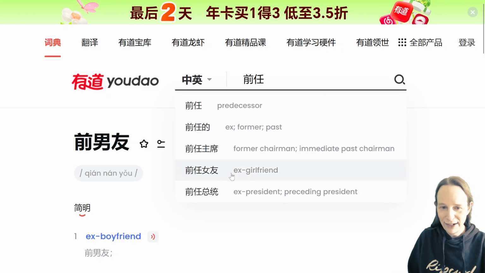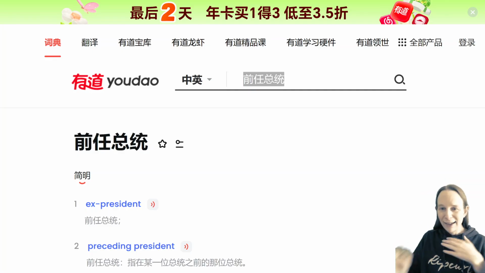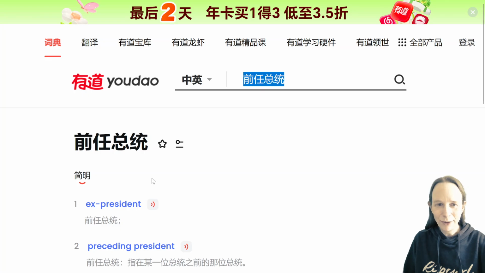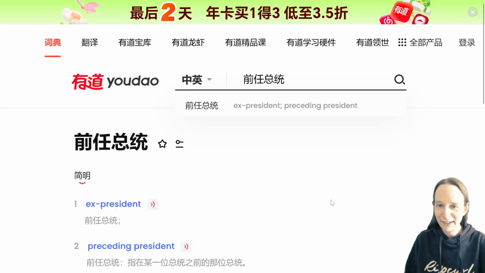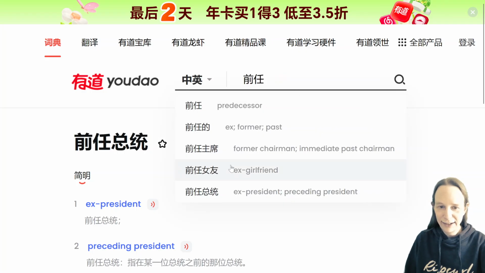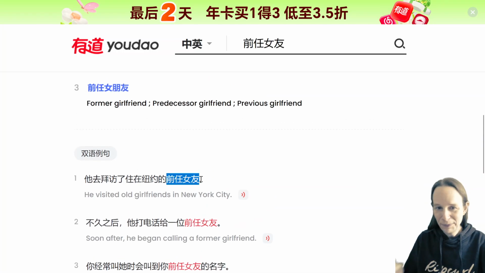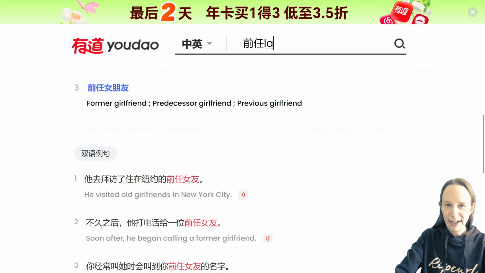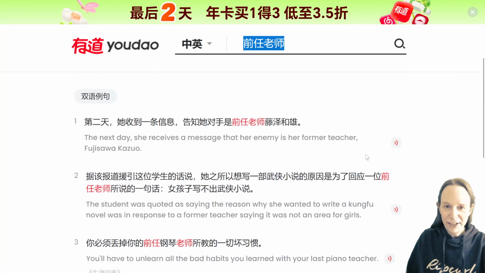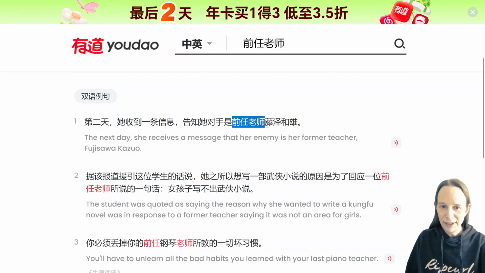There it is, ex-girlfriend. 前任总统. Yeah. Sorry. 前任总统, so the former president. So Biden, maybe. 前任女友, ex-girlfriend, sounds a bit formal. So 前任老师, former teacher. So her former, so this one, 前任老师.